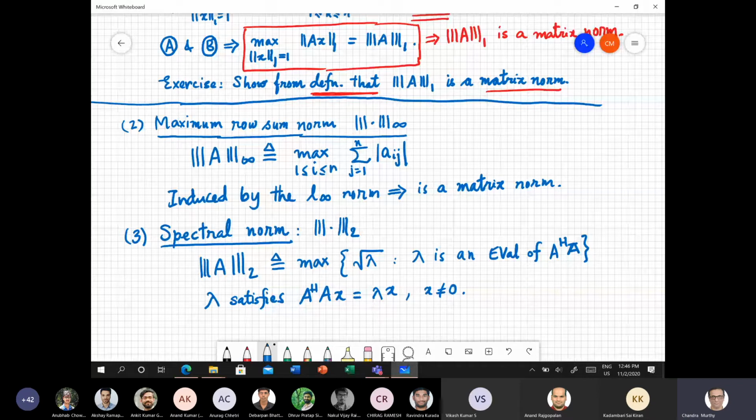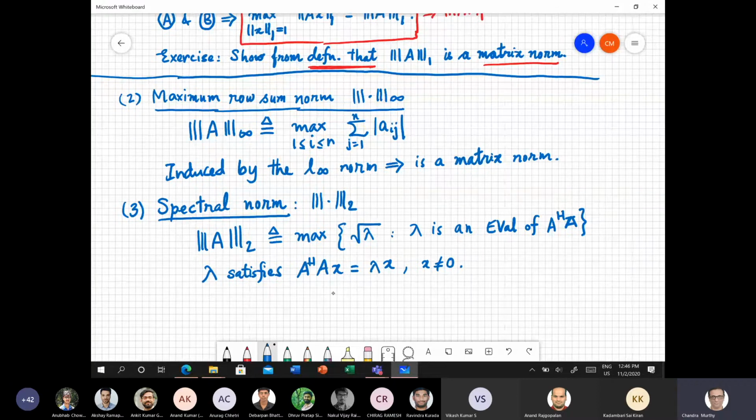One thing to note here immediately is that if I pre-multiply this by x Hermitian, I have x Hermitian A Hermitian A x is equal to, lambda being just a scalar, I can pull that out and write it as lambda x Hermitian x.